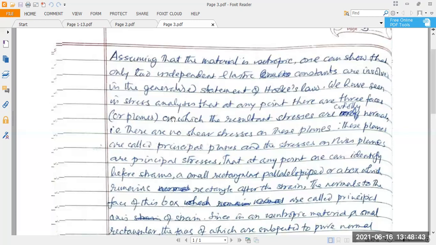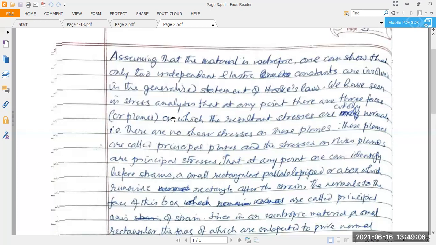Now, at any point we can identify a small rectangular parallelepiped. We take an infinitesimally small box at a point whose shape is rectangular. Its size is infinitesimally small, but not zero.